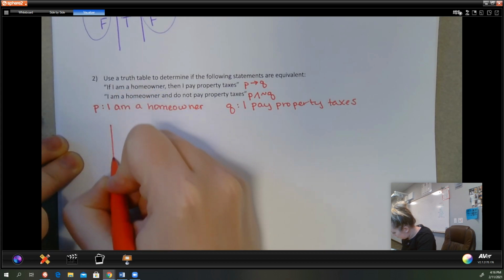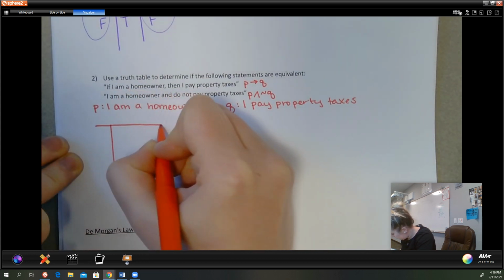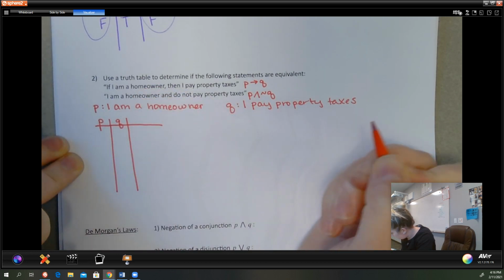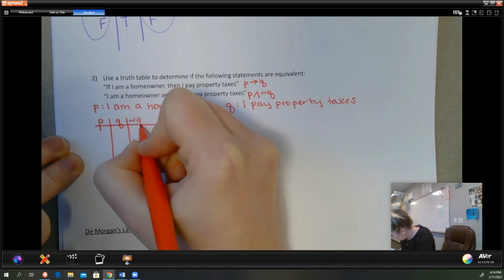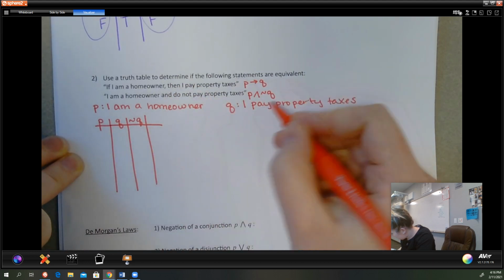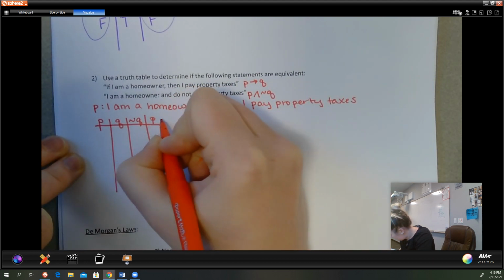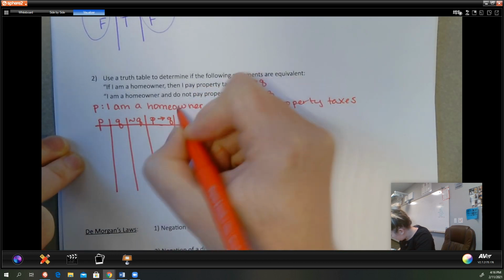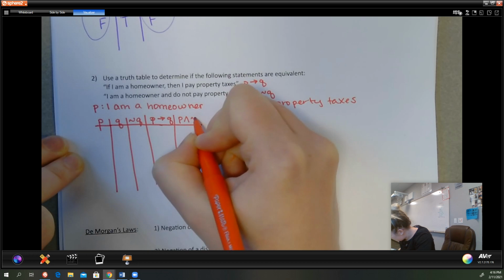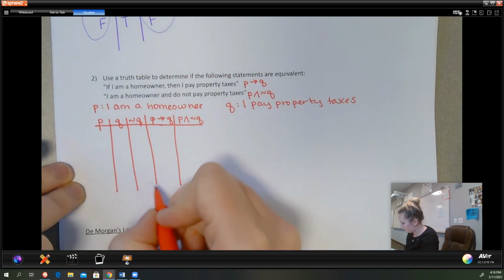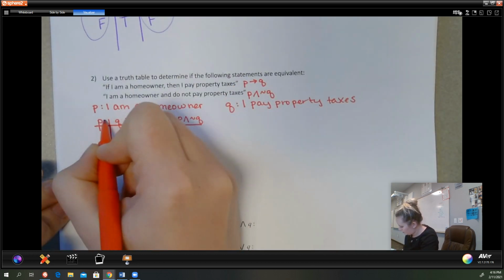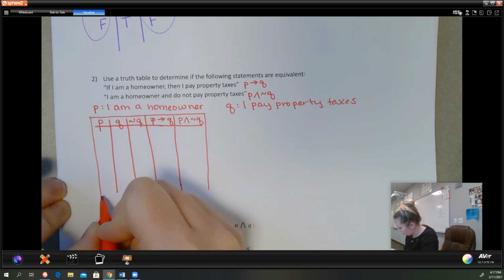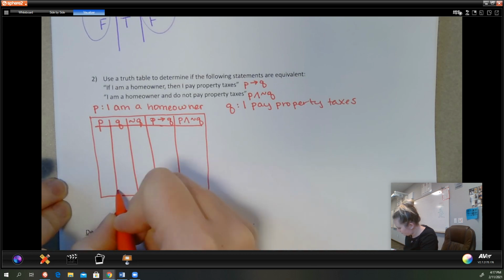We need to make a truth table. We've got P, we've got Q. We need a not Q. We also need a P implies Q. And we need a P and not Q. Those are my 5 columns here.